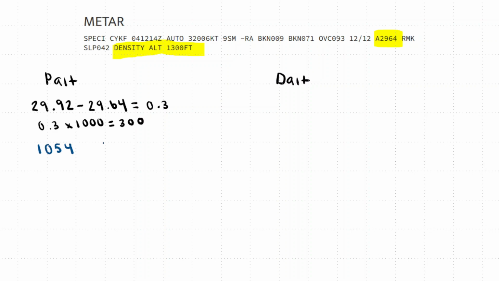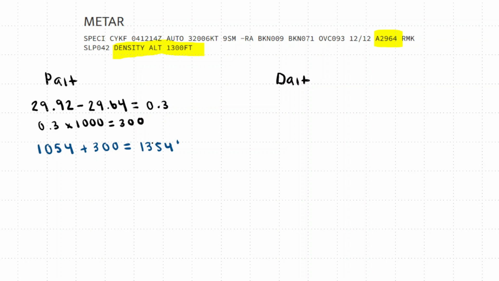1,054, right? And then if we add 300, that's going to give us 1,354 feet, okay? So what this is telling us here is, okay, we calculated our pressure altitude to be 1,354 feet based on only pressure, okay, based on only the altimeter setting that we were given here.